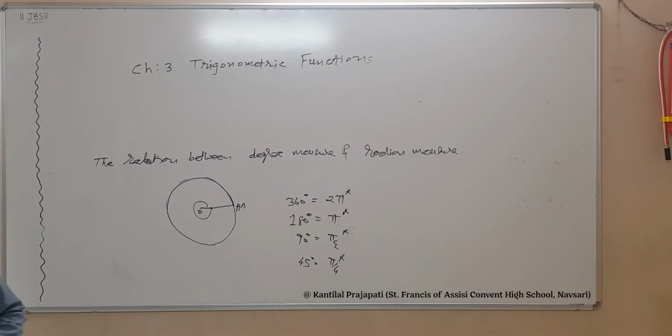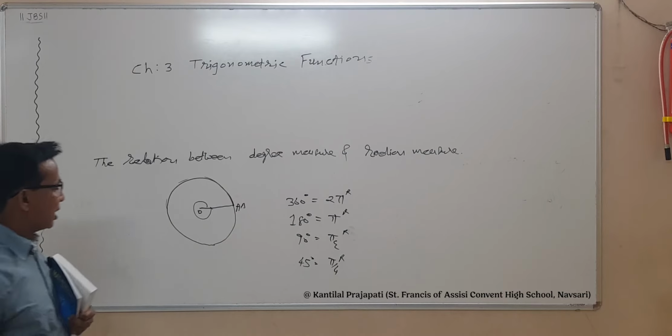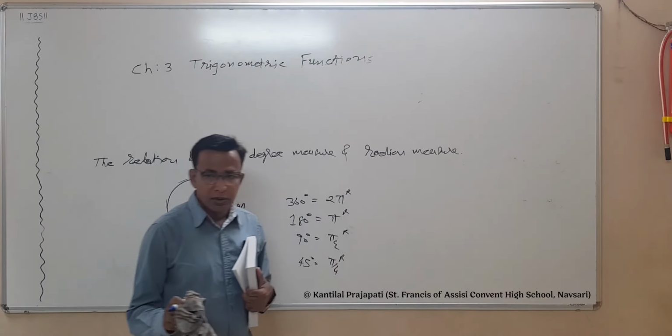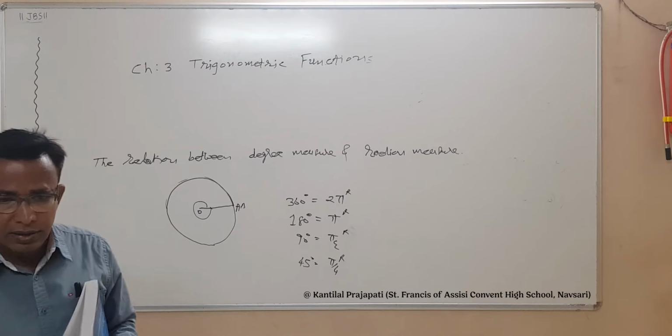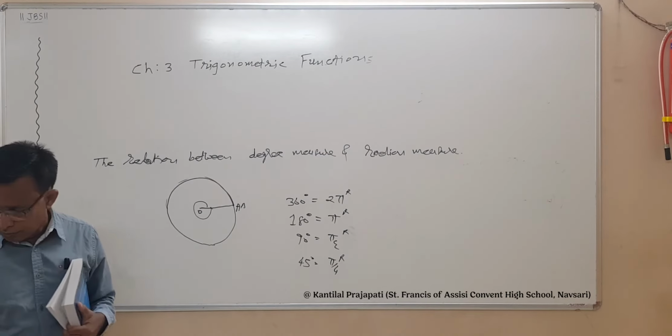Now we write the formula to convert degree measure into radian measure.